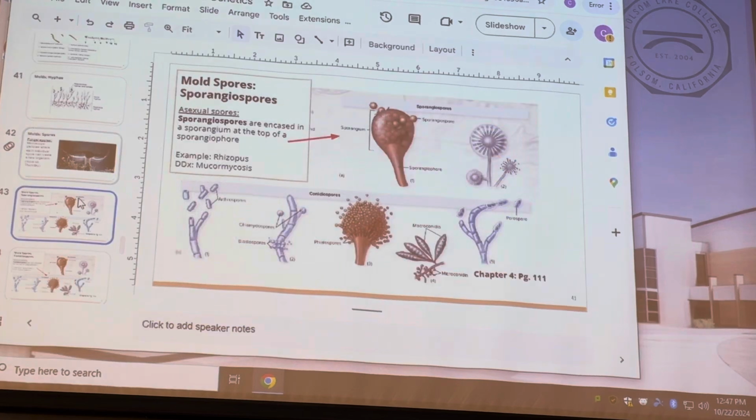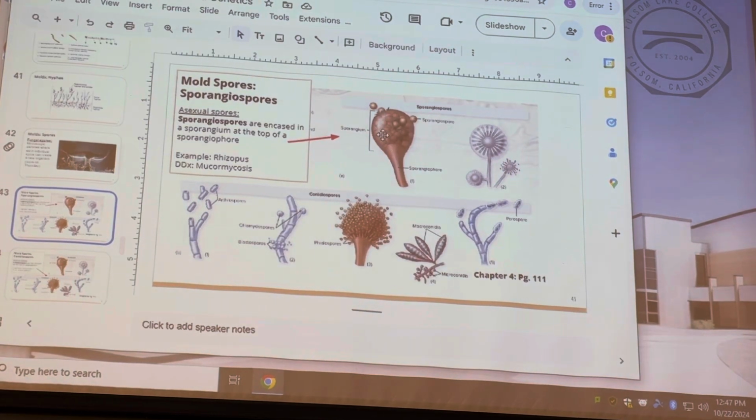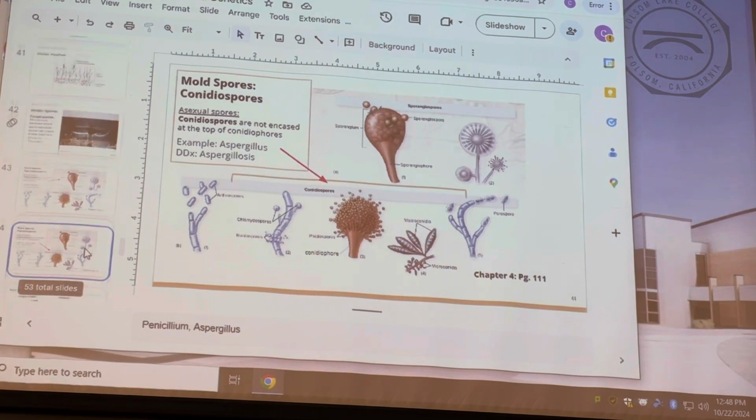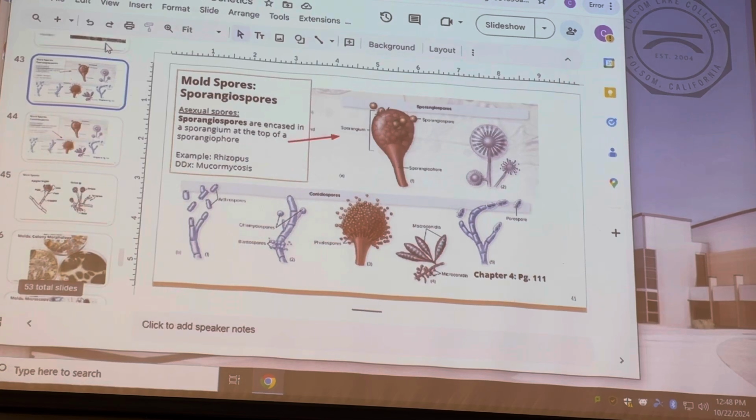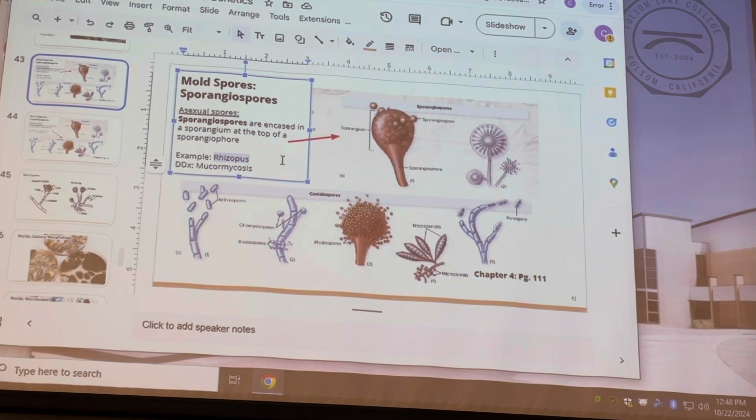So we talked about spores. Here's sporangiospores. It sounds like spore: it's a spore inside of a large spore, a bunch of spores inside of a spore. And then conidiospores are the naked spores that will just disseminate. You don't have to know this yet, we'll figure this out later in the lab, but here's Rhizopus.